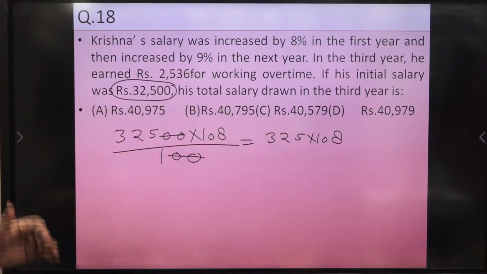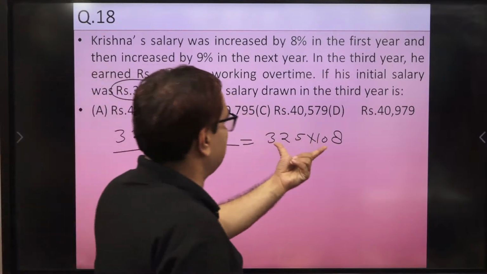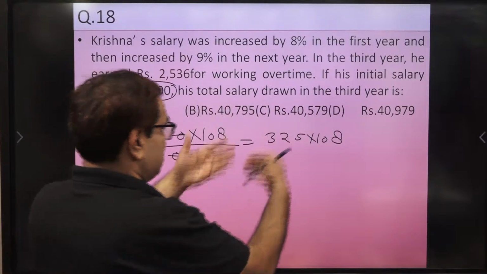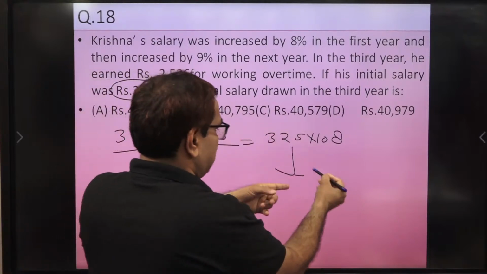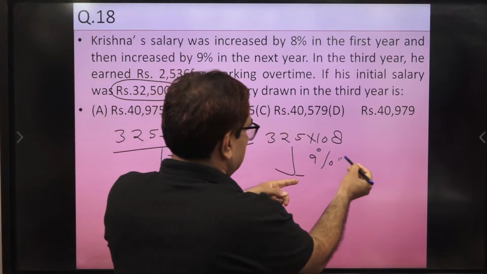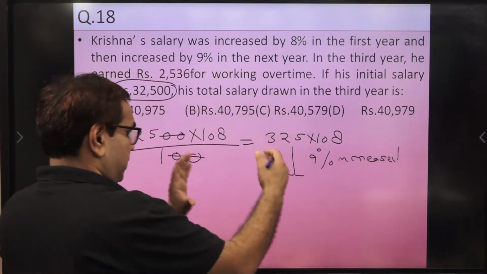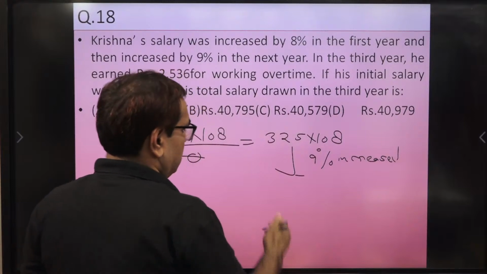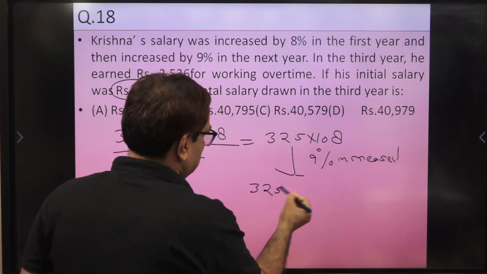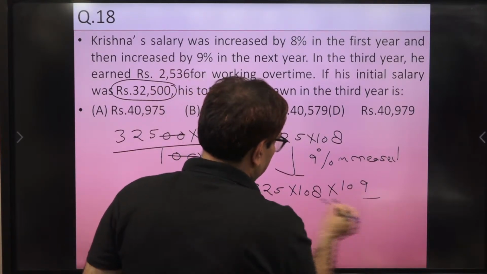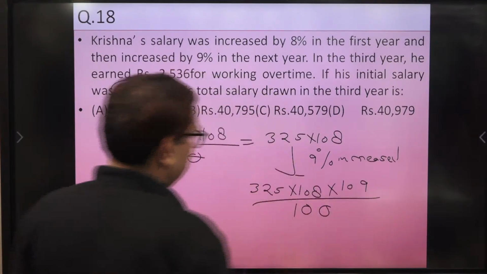Now this salary is increased by 9%. So what is the new value? This value is increased by 9%, so it becomes its 109%. Okay. So 325 into 108, into 109 upon 100. This one will be the new salary.